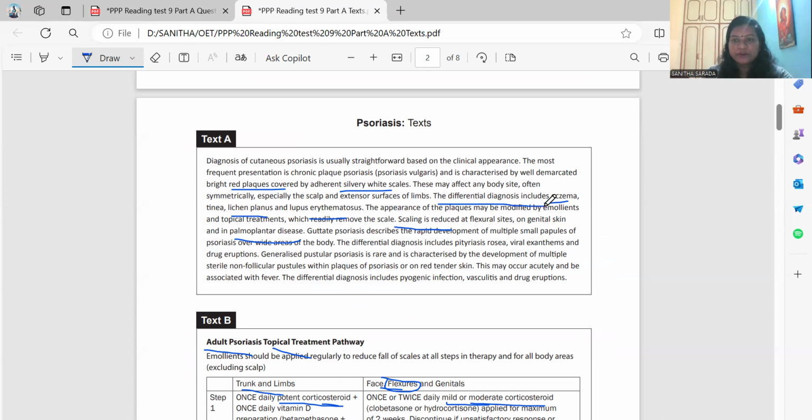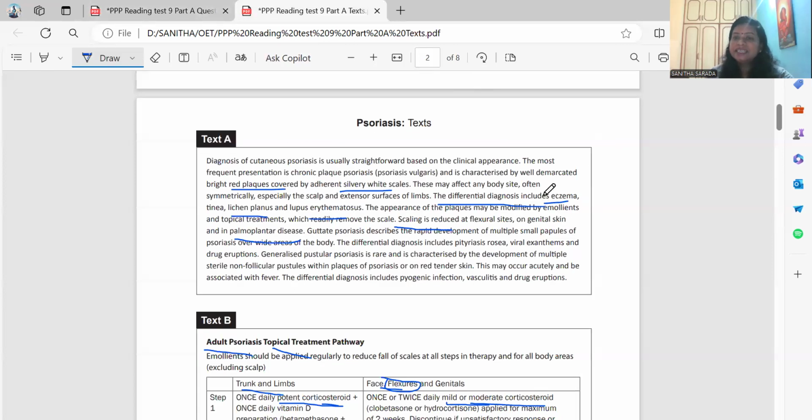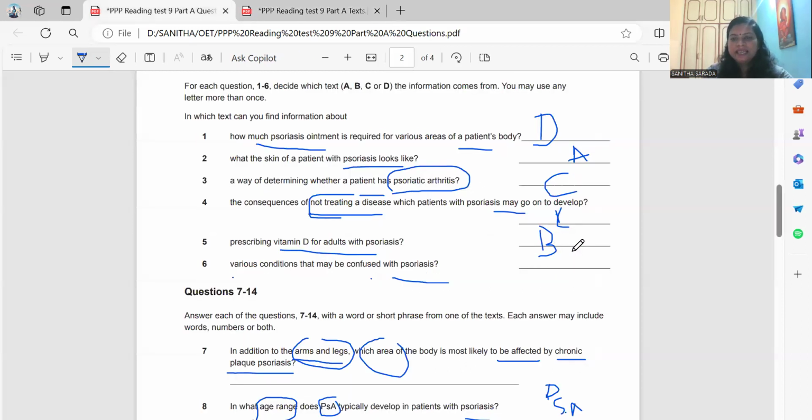Differential diagnosis includes various conditions that may be confused with psoriasis. These are not psoriasis, sorry, these are the differential conditions. So what is the answer here? The answer is yes.